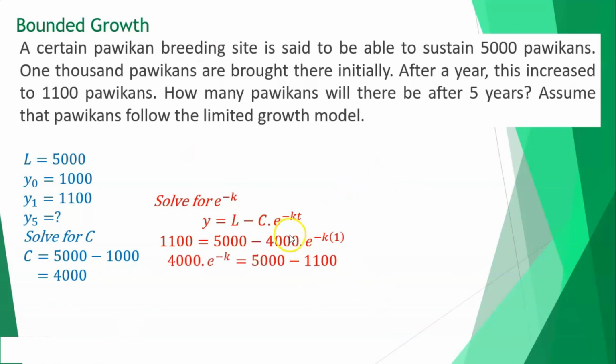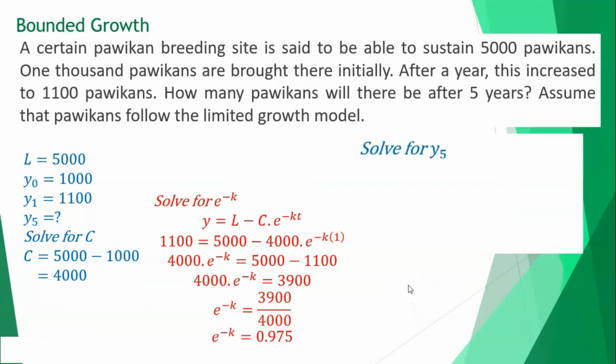So, 4,000 times e to the power of negative k is equal to 5,000 minus 1,100. So, 4,000 e to the negative k is equal to 3,900. Divide both sides by 4,000. So, e to the negative k is 3,900 over 4,000, or e to the negative k is 0.975.